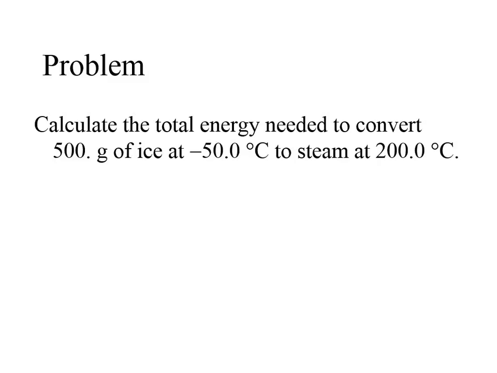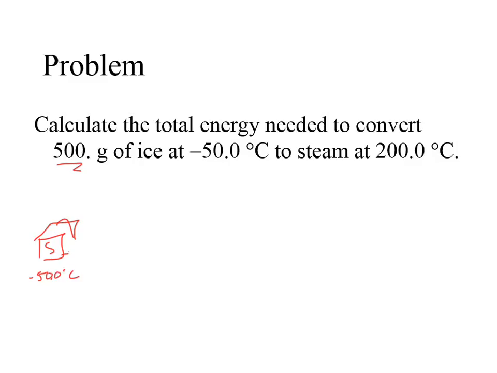And if you're drawing pictures, you're going to start basically with this chunk of ice. Its mass is going to be 500 grams. But more importantly, its temperature is negative 50.0 degrees Celsius.